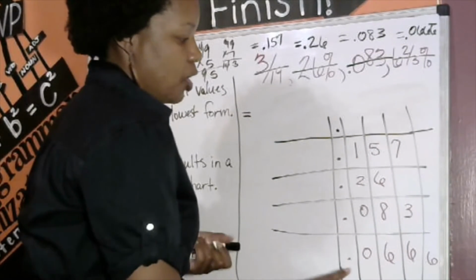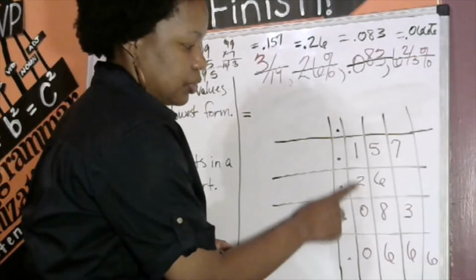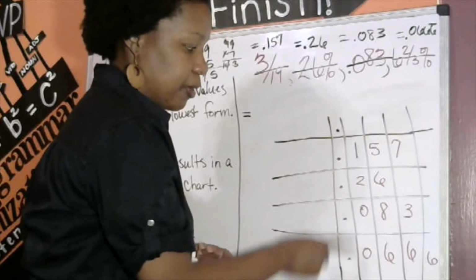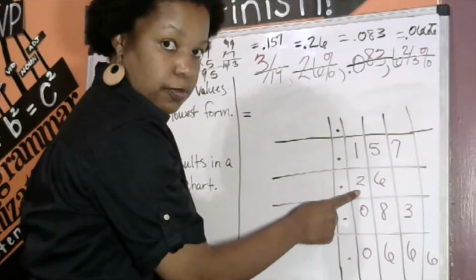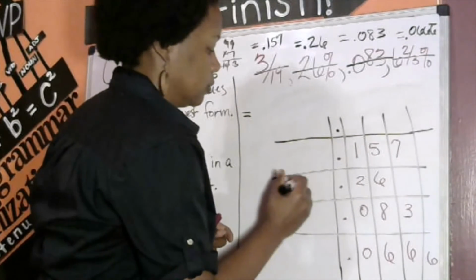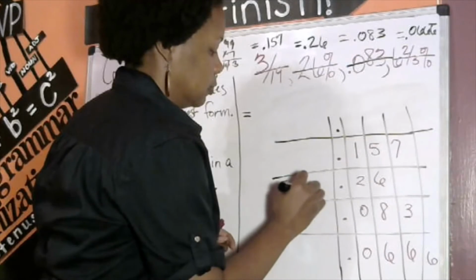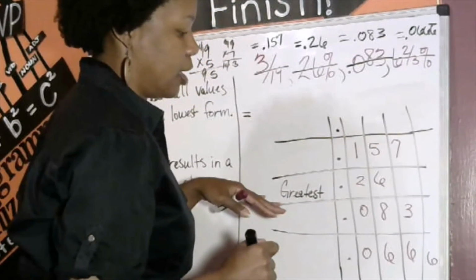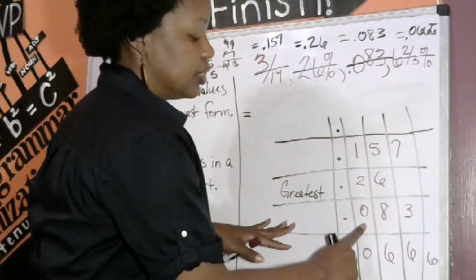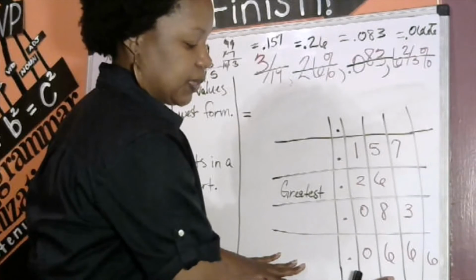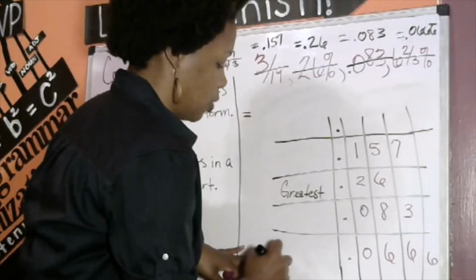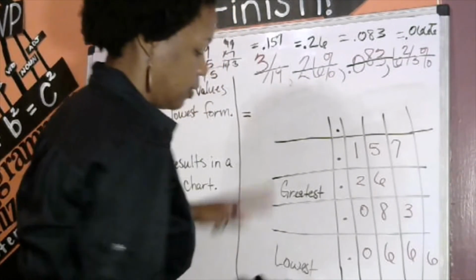So for example, we have 0.26. Okay, 2 is the highest number in this column. So this is your greatest value. Okay, this is your greatest value. Okay, now let's look at the others. We have 0.08 and we have 0.06. And if you are guessing that 0.06 is going to be the lowest, you guessed right, okay?